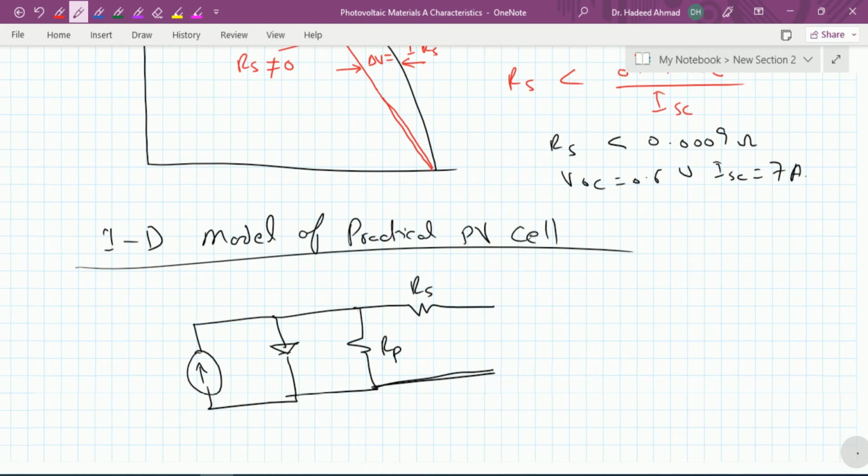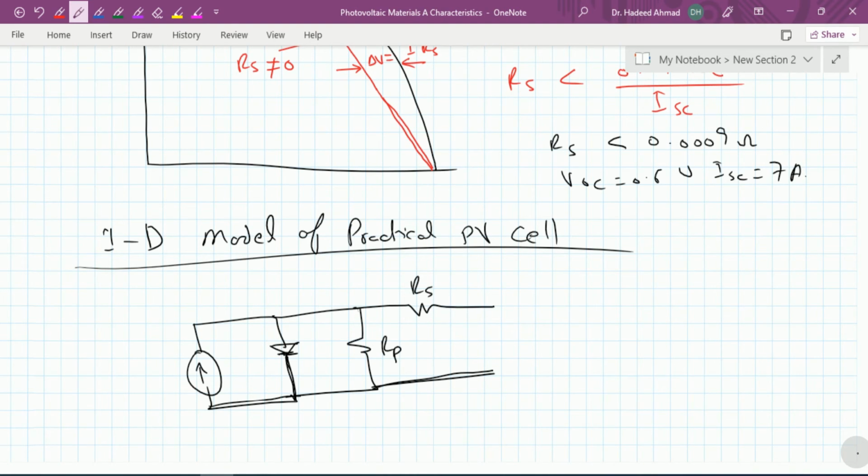It is known as a one diode model because we have shown only one diode to represent the PN junction. Some more detailed information can be seen in the literature review, where you can see that there are two diode models as well as three diode models.